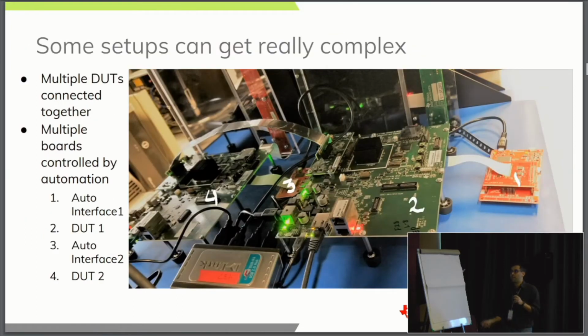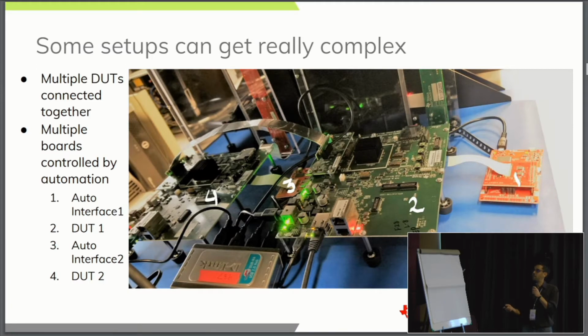And now things can get even more complicated when we start talking about multiple of the setups that I had in the previous slide. Now I have two of those connected to each other, and these two are the devices under test, or EVMs, as we call them.